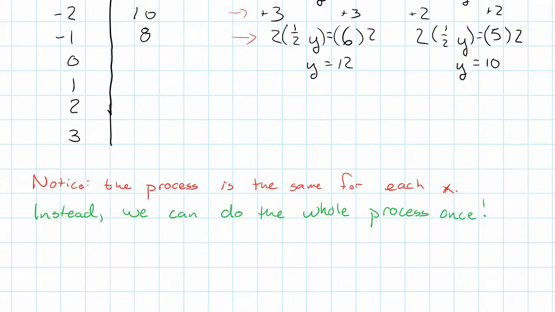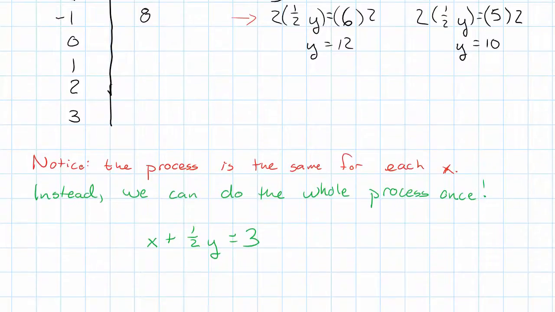How would we do that? We have the equation x plus 1/2 y equals 3. Well, what did we do? First we added the opposite of x to both sides, and we got a half y is the opposite of x plus 3.